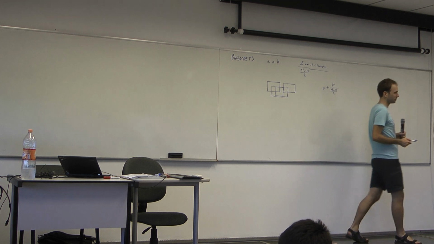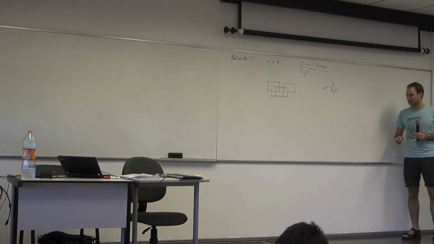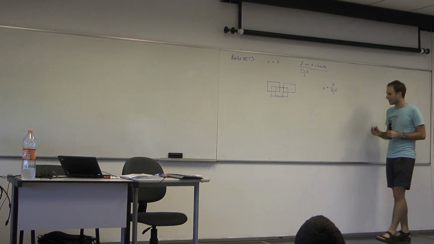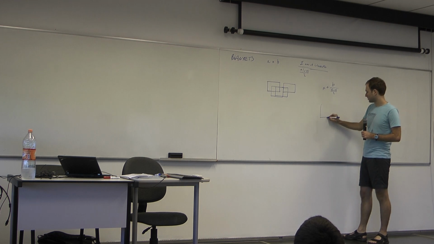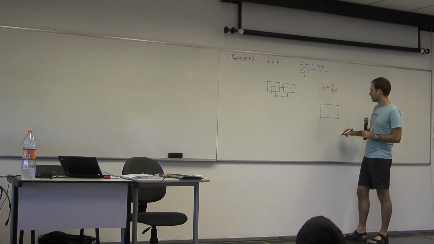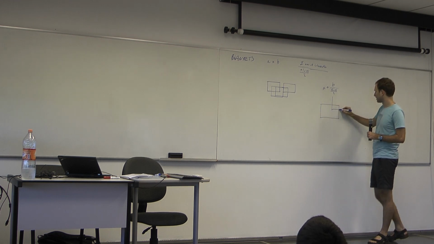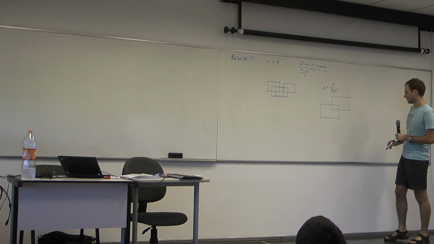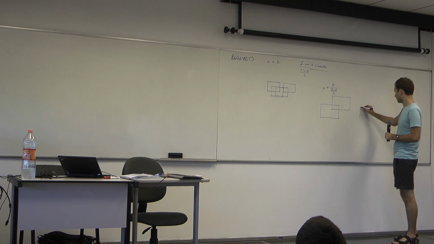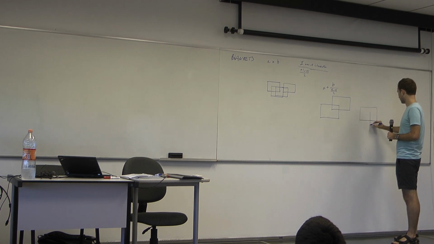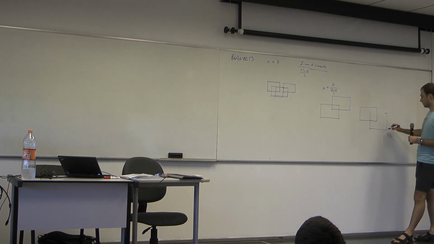To do that, this is not a surprise, I guess, we'll use the sweep line technique. And we consider the possible ways in which rectangles can intersect. So one is like this, and the other one is like this. So, oh, sorry, these are not the same.